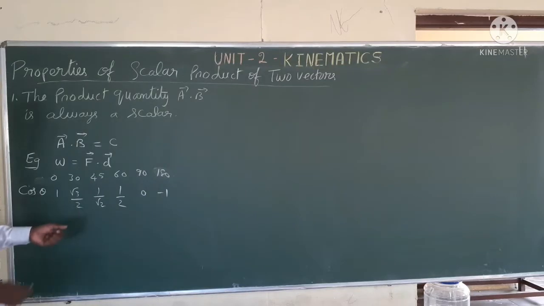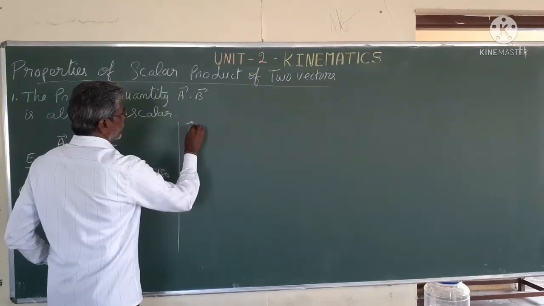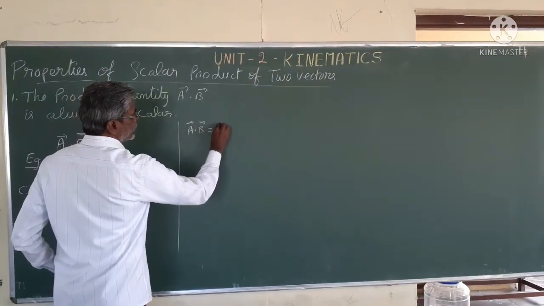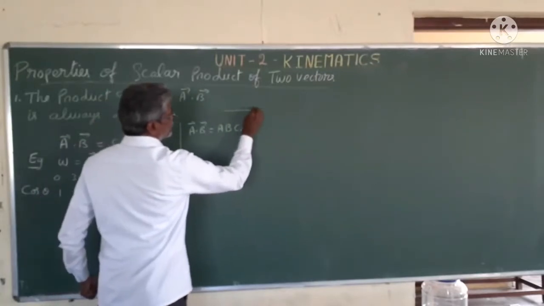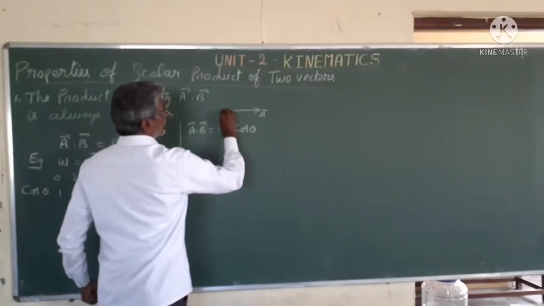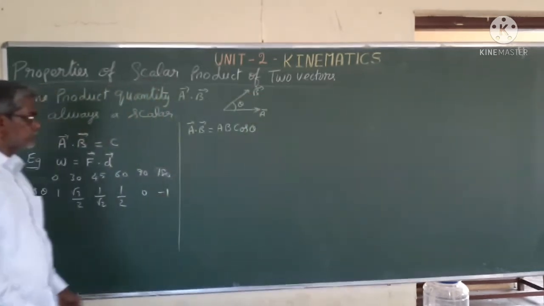Now if I say a vector dot b vector is equal to ab cos theta. This is a vector, this one is b vector, and here the angle theta.